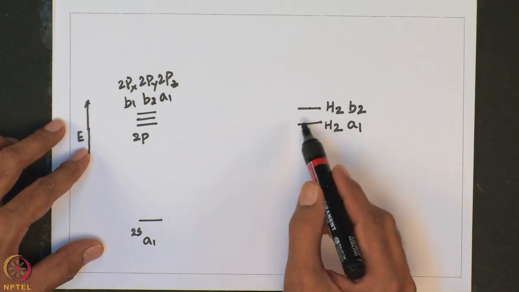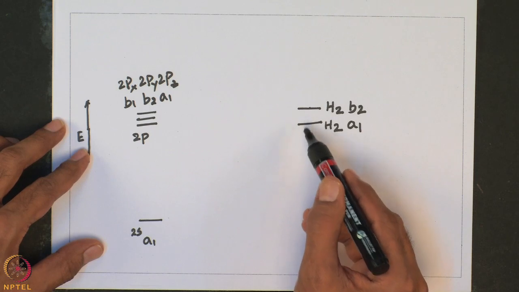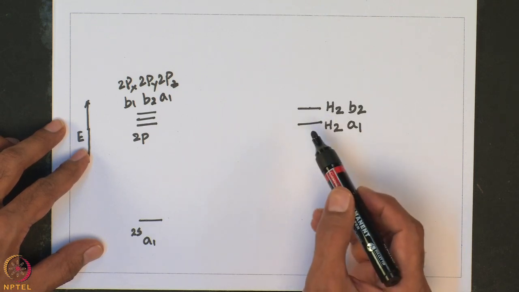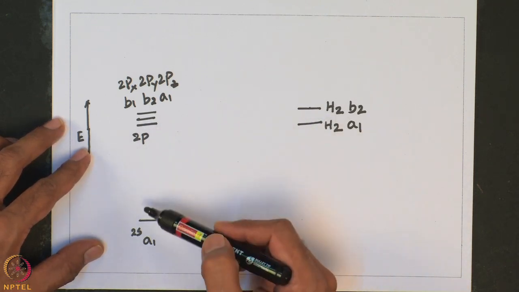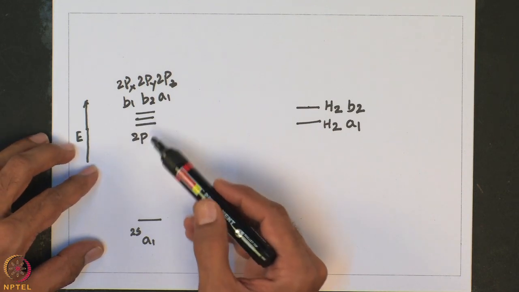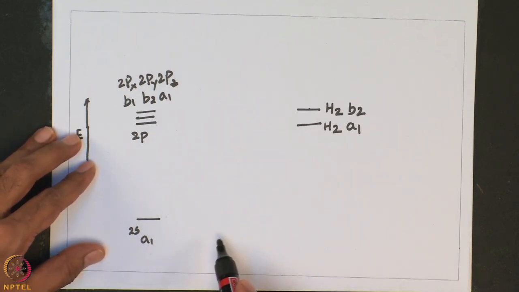Now we are considering a total of 2 electrons coming from the 2 hydrogen atoms, and 6 electrons coming from oxygen. Okay, so let me write them here.